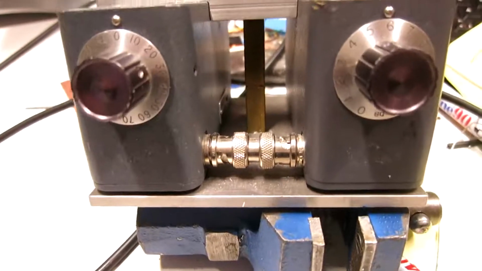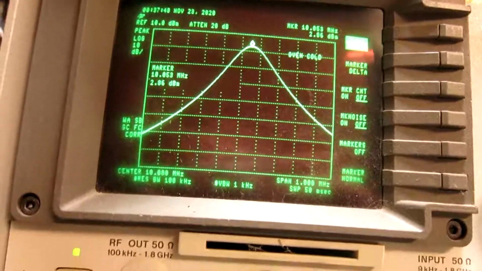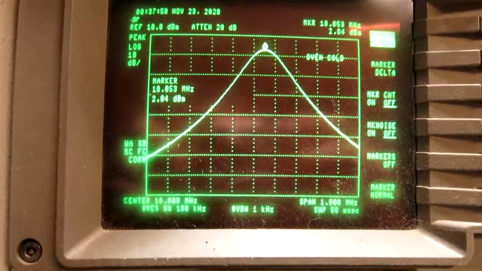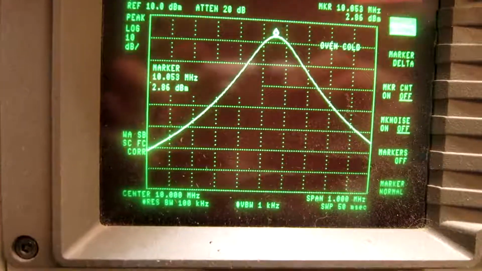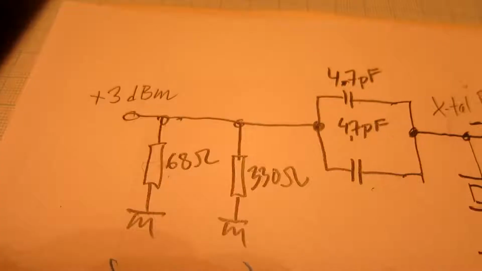With the 6 dB setting here, the power level I see is plus 3 dBm. So this will be the maximum power I will design for when building an oscillator.